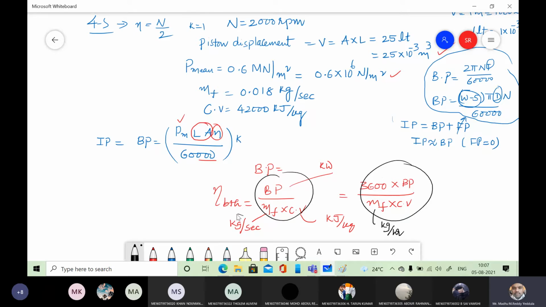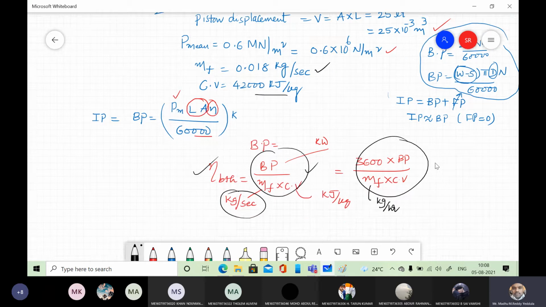If the mass of fuel is in kg per second, we can directly use the formula, brake power by mass of fuel into calorific value. So you have all the data with you. Mass of fuel is given in kg per second, and its calorific value is also given. Use the first formula to calculate brake thermal efficiency. That's it. Okay. All right. Next.